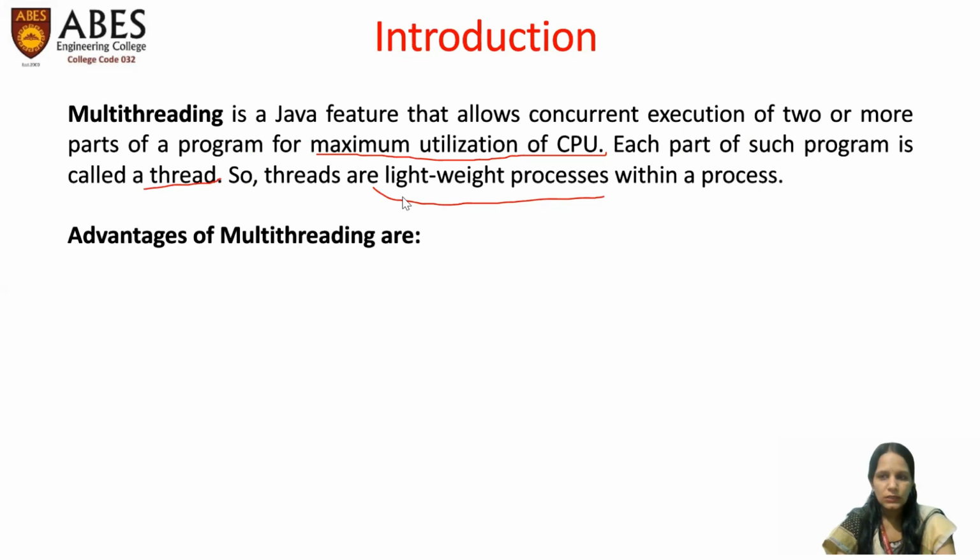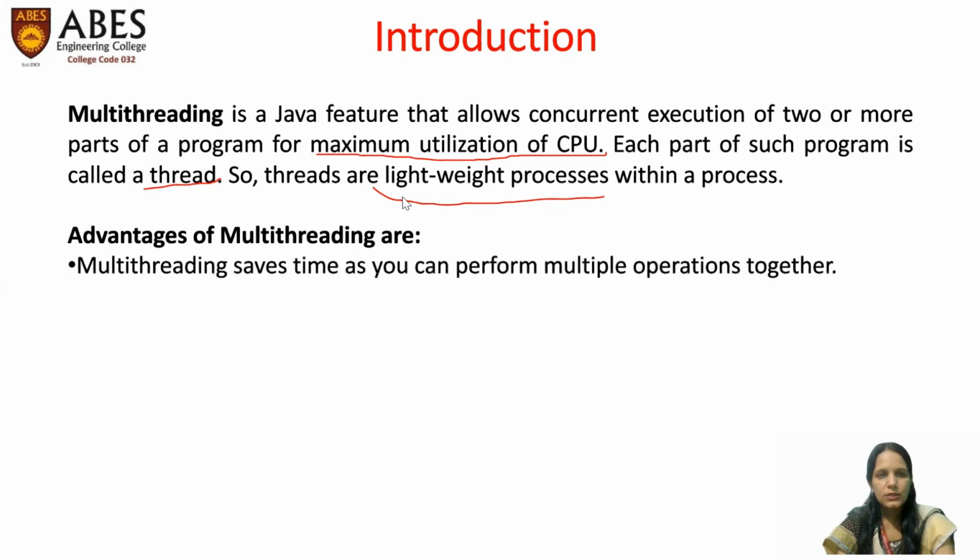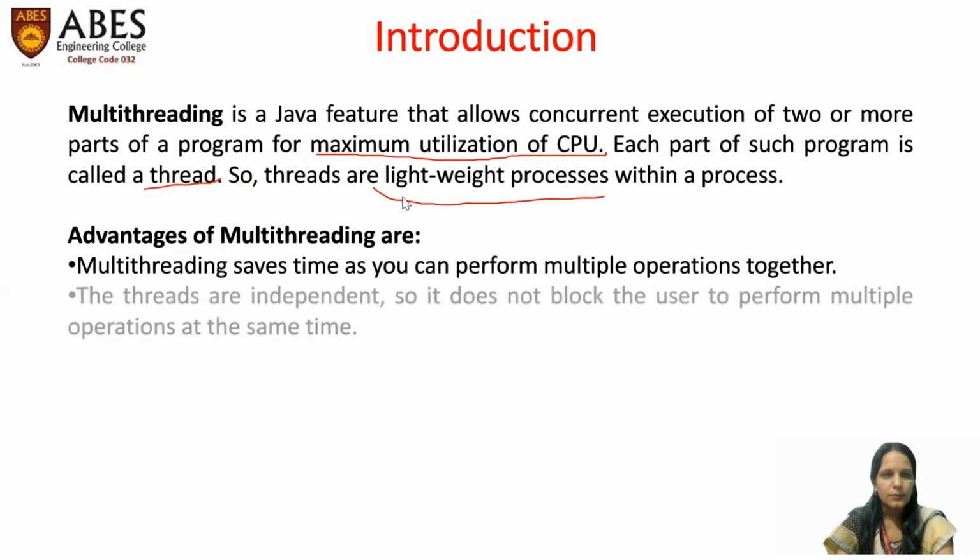Now moving further, we will discuss the advantages of multi-threading. The first advantage is that multi-threading saves time, as you can perform multiple operations together, right? It saves time because at one time we are performing more than one operation. If we want our CPU to do more tasks and be utilized more, we use multi-threading.